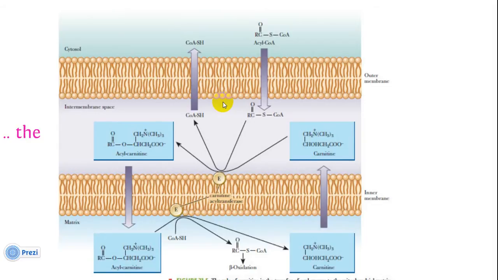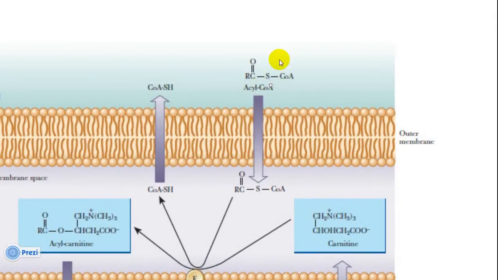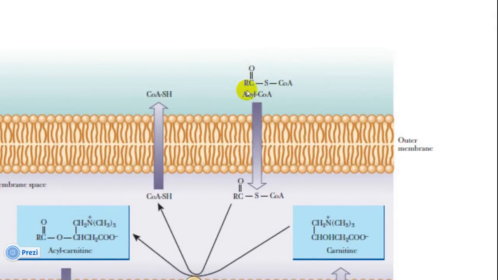By the activation of fatty acid, we mean making a bond between the fatty acid and the coenzyme A. So here we have the fatty acid bound with the coenzyme A. This is an activated fatty acid. This activated fatty acid can cross the outer membrane, but the fatty acid alone without a coenzyme A can't cross the outer membrane.